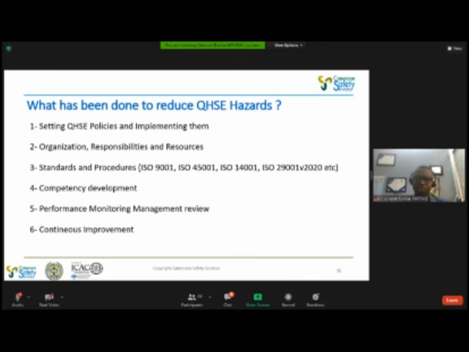We have performance monitoring, management and review, because with the statistics that the ISP has been able to gather, this has enabled companies to monitor where there is high incident and also to manage them. They have reviews when there is a case and this case is reported and recorded.